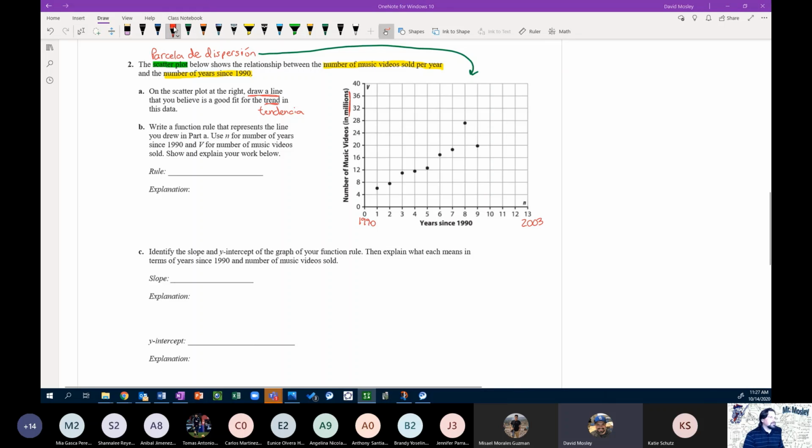So let's do this. Let's draw a line. All right. So guys, please, I'm going to do my best on this to draw a line. Not going to be great. We're going to try.